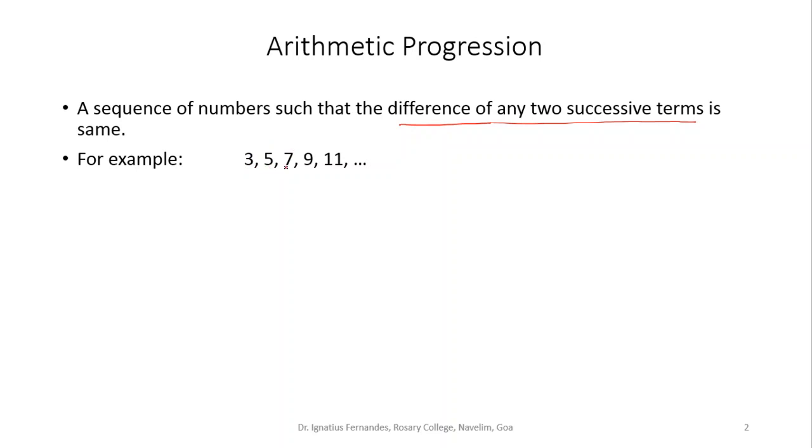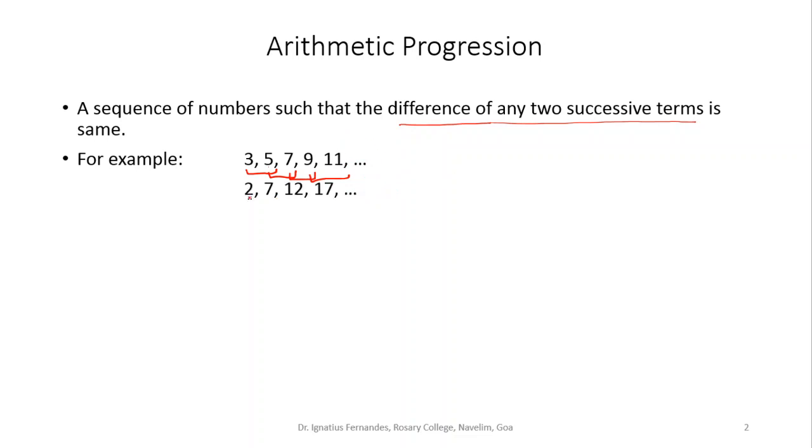The same way, 5 and 7 are two consecutive terms. 7 minus 5 is 2. 9 minus 7 is 2. 11 minus 9 is 2. So if you consider any two consecutive terms, the difference here is the same, that is 2. So we say this is an arithmetic progression.